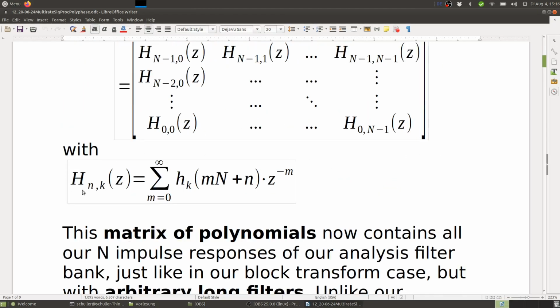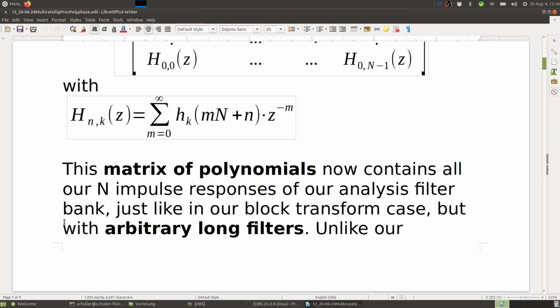And you can again see the definition of the entries. The first index is our phase index n, and the second index is the subband index k, and each of those entries is the z-transform of a downsampled impulse response of the kth subband with phase index lowercase n. Just like last time, just now we have this additional index k for the subband.